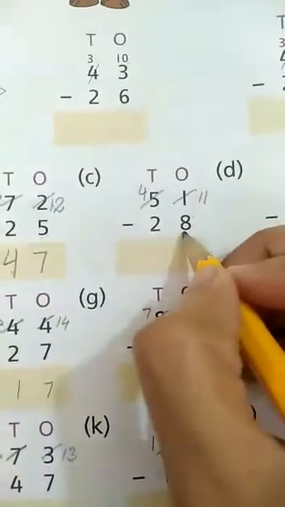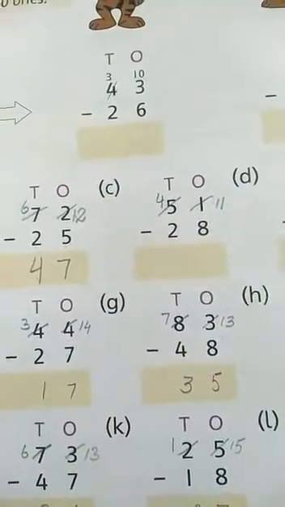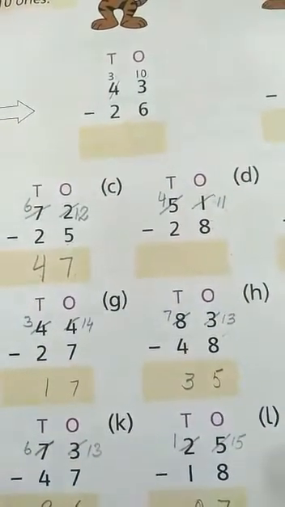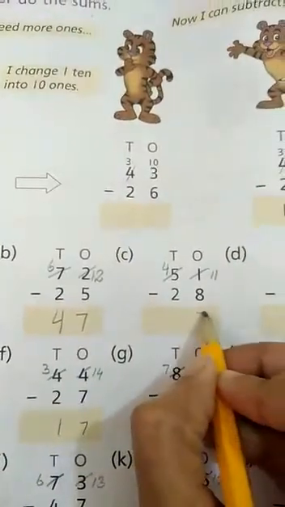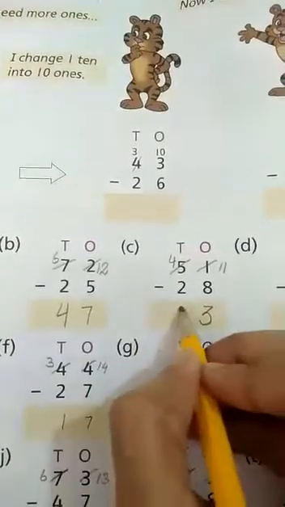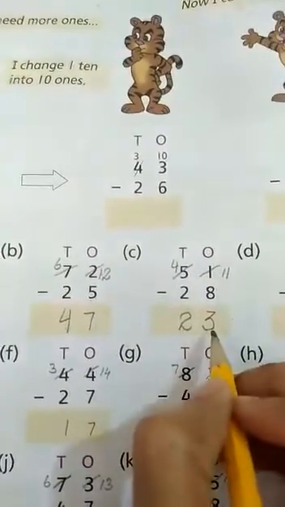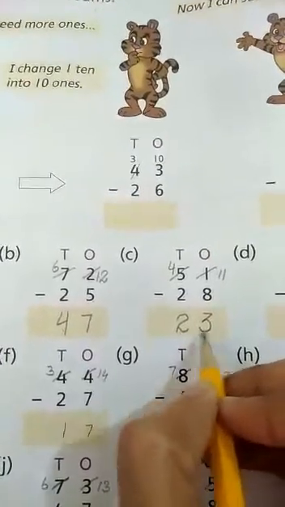So 11 minus 8 is equal to 3 and 4 minus 2 is equal to 2. So now we have 2 tens and 3 ones is equal to 23.